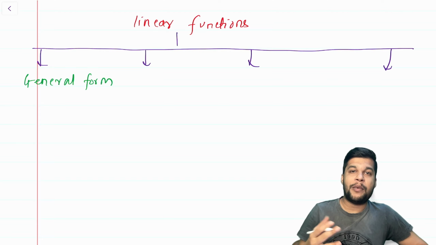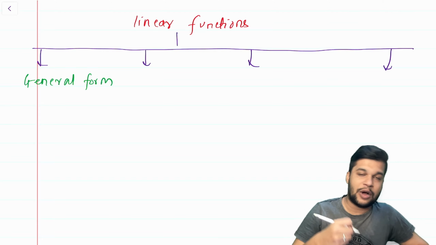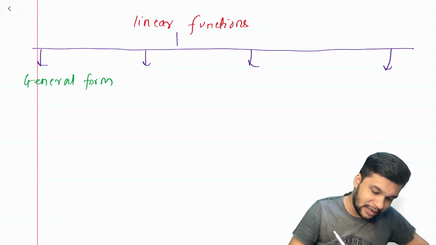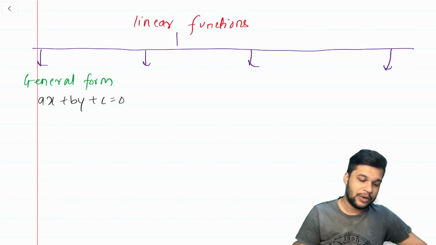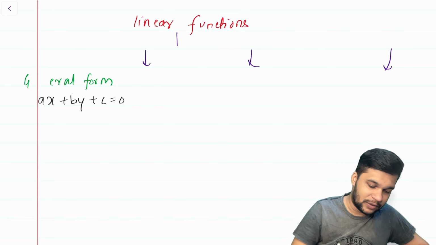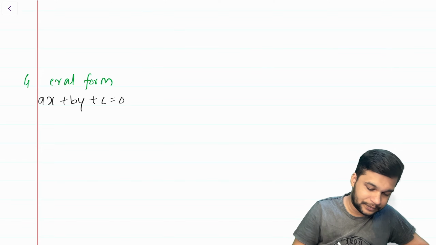What is the general form of a linear function? Let's say the general form is ax plus by plus c equal to 0. Okay, I'll write it the other way around. Hold on.